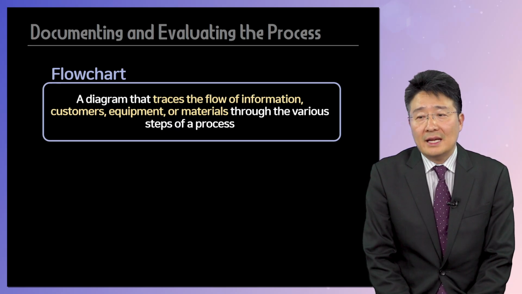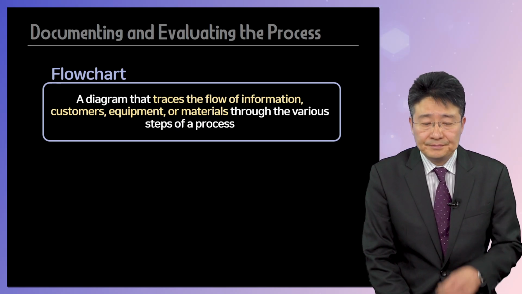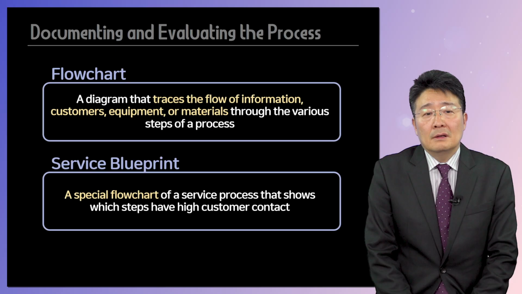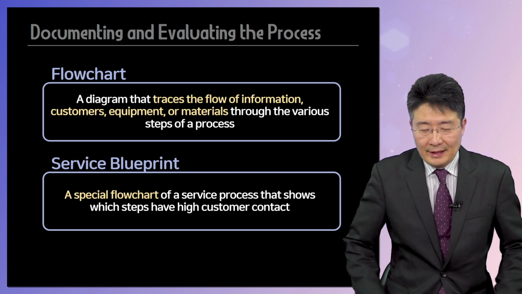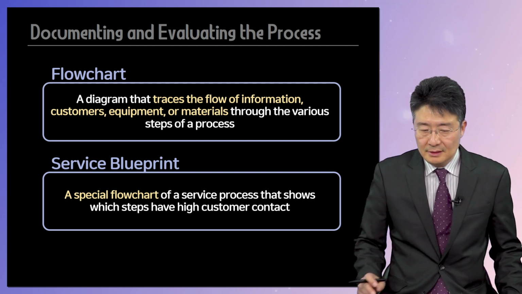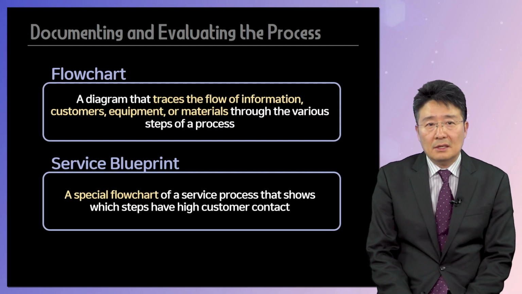We will see the details in the next slides. Service blueprint is a special flow chart of a service process that shows which steps have a high customer contact. This is also a flow chart.